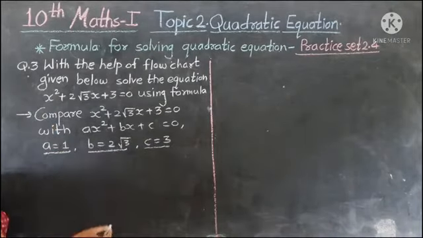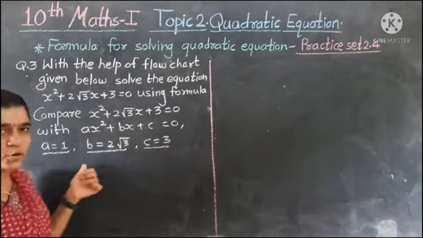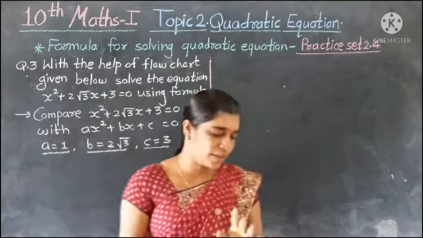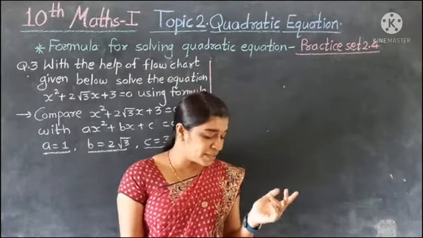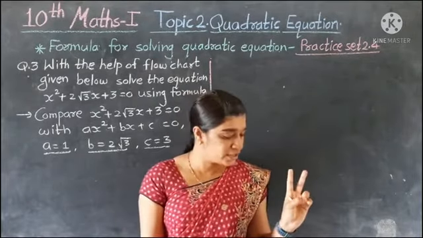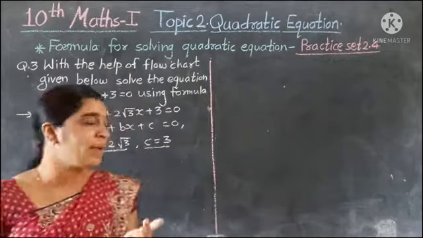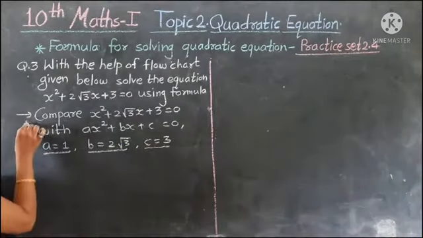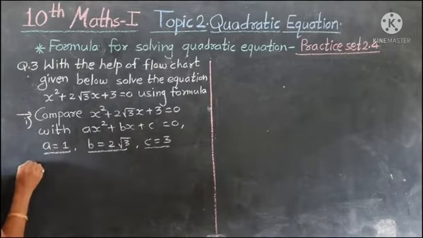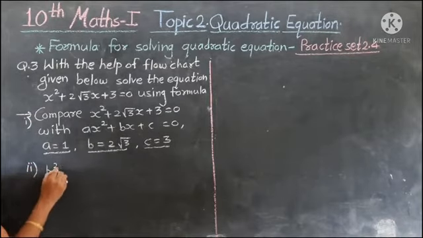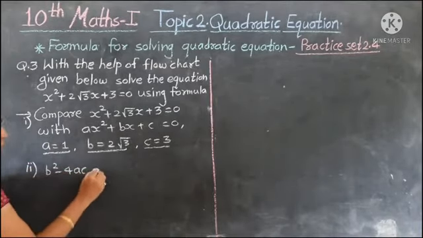Now the first flow chart is completed. We find the values of a, b, c. Then see on page number 44, the second flow chart is given. Find the value of b square minus 4ac.